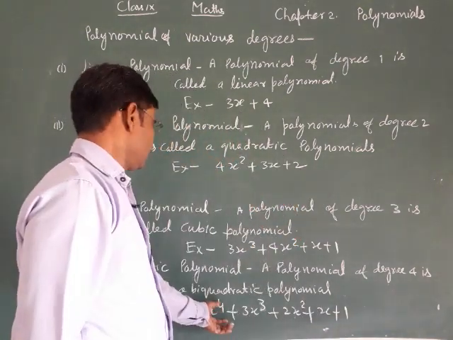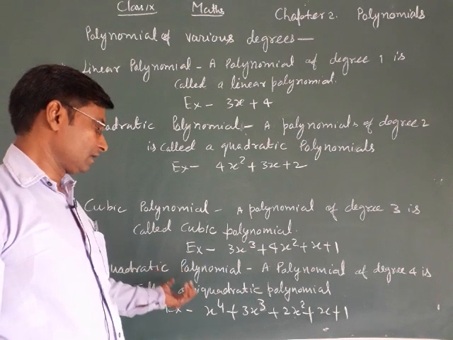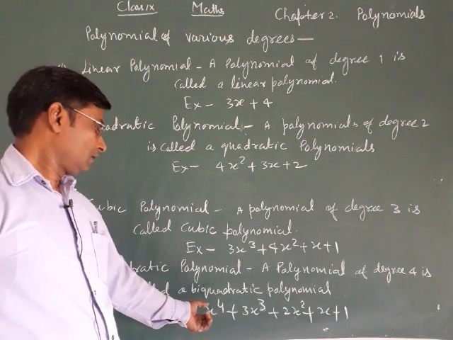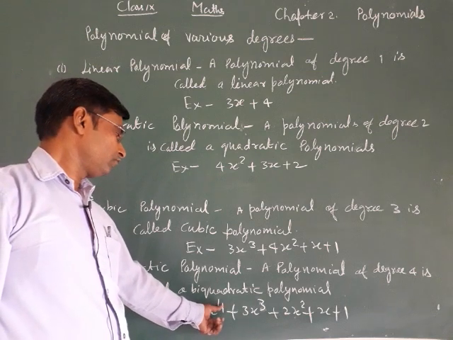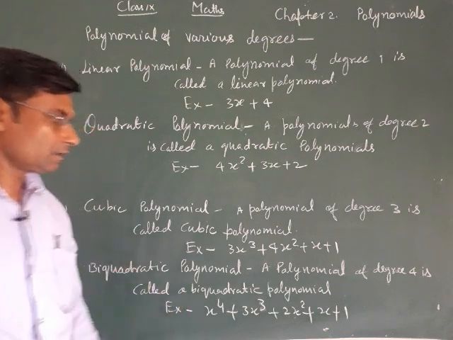This is called a biquadratic polynomial because the polynomial has a variable with maximum power 4.